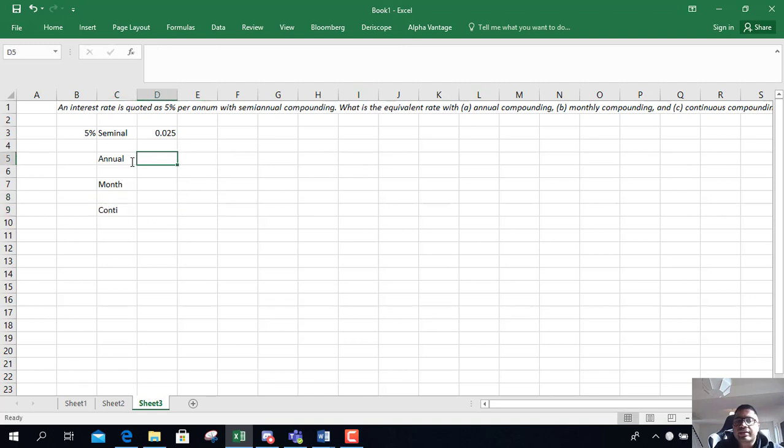How many 6 month periods are there in a year? There are 2 six-month periods. How many months are there in a semi-annual period? There are 6 months. Continuous compounding we don't have to worry about.